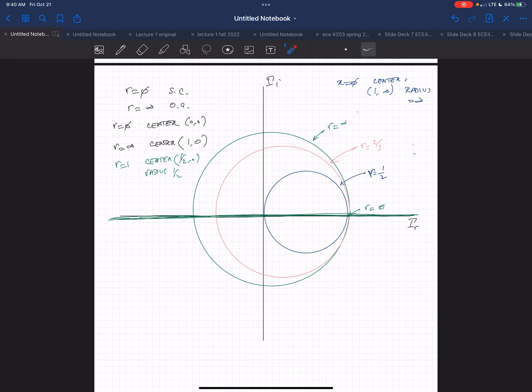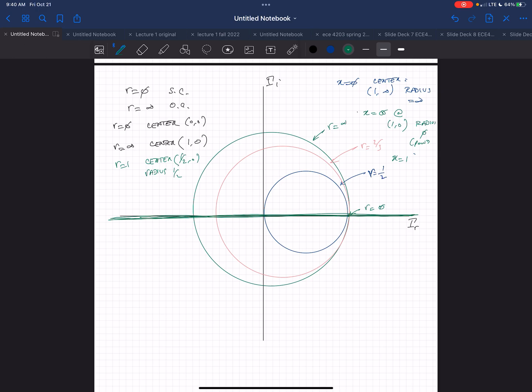But if I keep drawing other X's, X equal to 0 is a purely real load. Now I can go to X equal to infinity, and then I'm going to get a circle at center 1, 0 and radius of 0, so that's also a point.